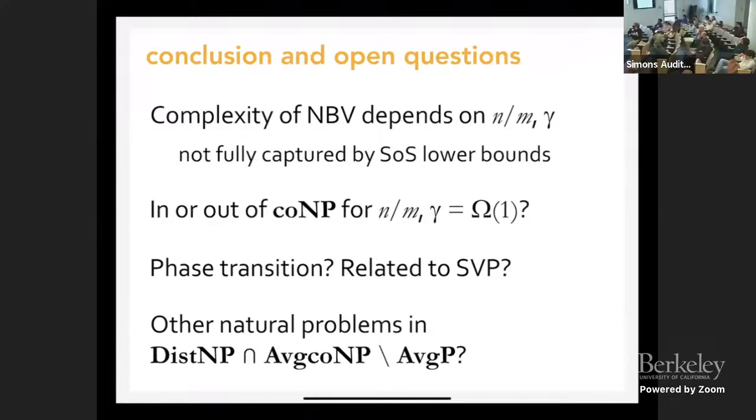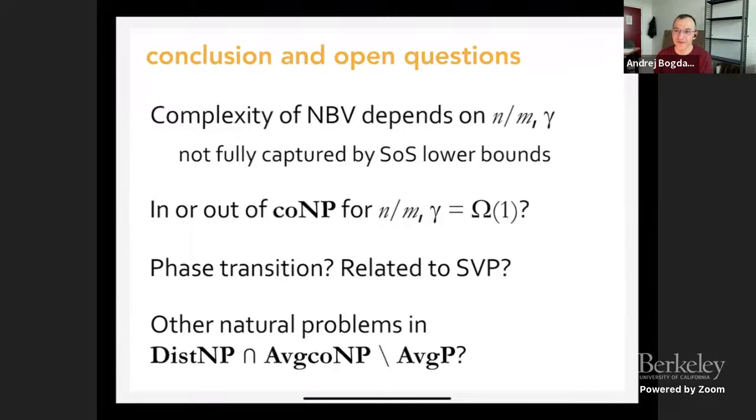Do you have a guess as to whether, with these constant parameters, it should be in coNP? I think it shouldn't. If you look at the analogy with the shortest vector problem, when n over m is sub-polynomial, it shouldn't be. But again, it would be good to have some evidence.